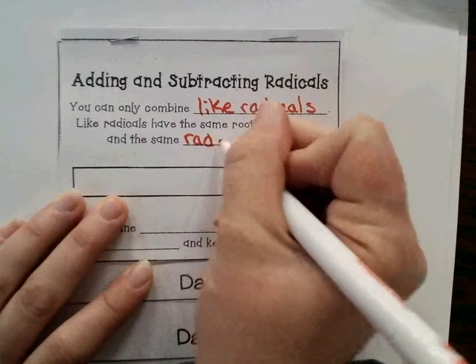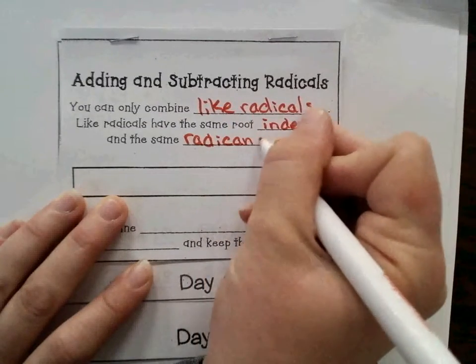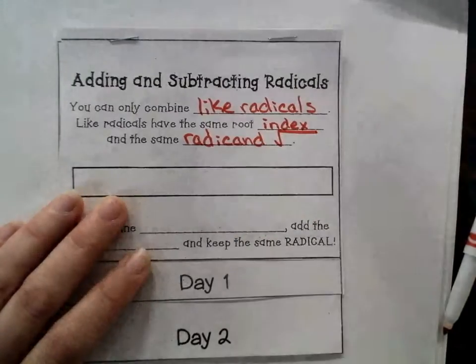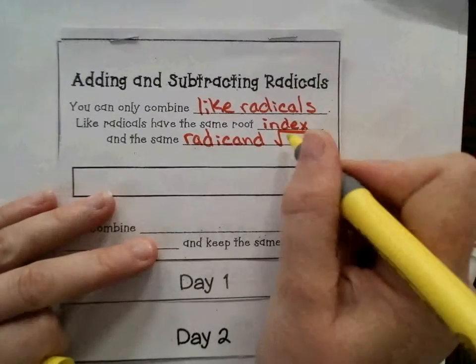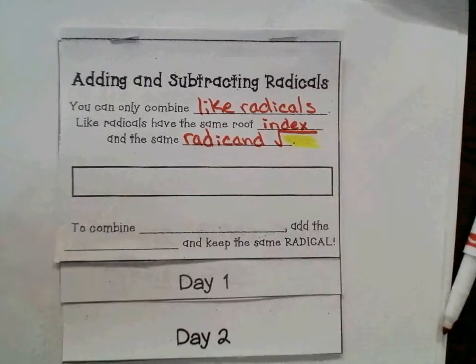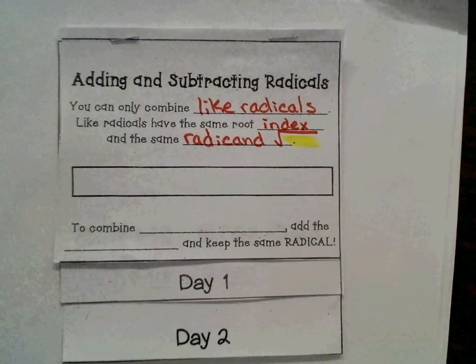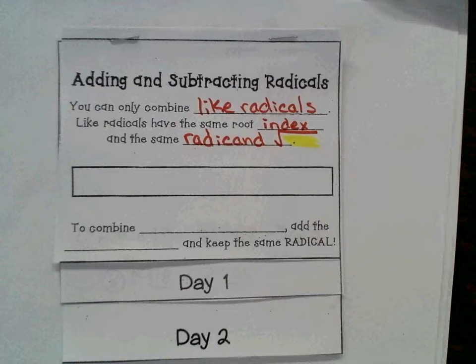What part of it is the radicand? It's the part that's underneath the radical. So I'll highlight that. That's the radicand. What's underneath the radical must be the same thing in order to add or subtract.